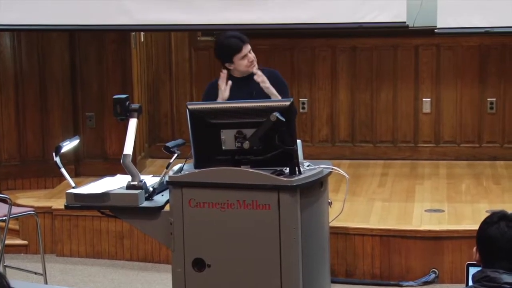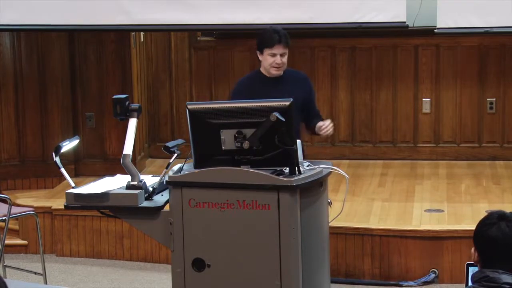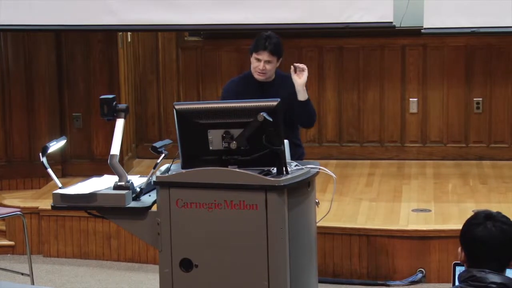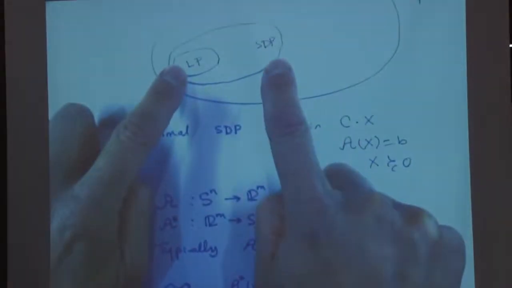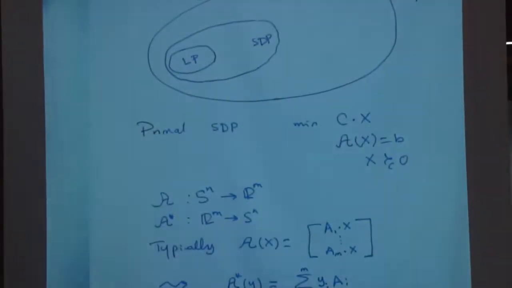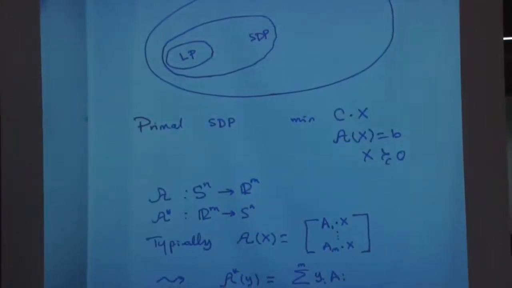But if the primal problem is feasible and bounded, then we have this very nice duality in linear programming. In semi-definite programming, there is a subtle distinction, and I want to spend a little bit of time on this because it's kind of a neat way of appreciating the differences between linear and semi-definite programming. There are many similarities, but there are also some key differences. So duality is one of those.